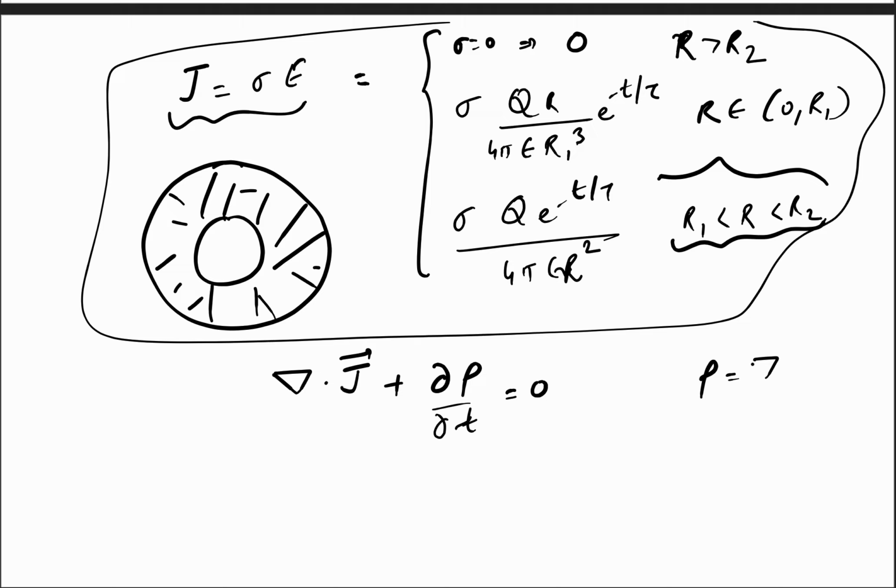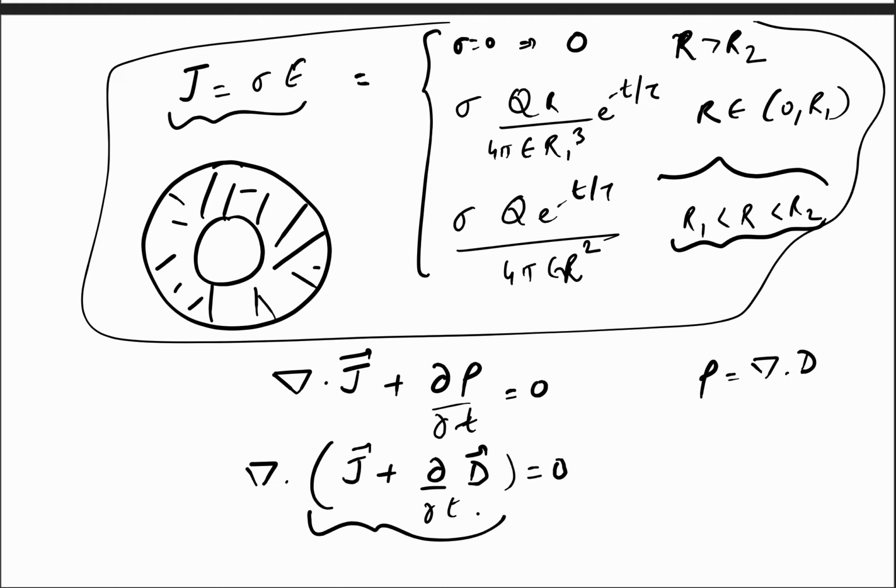Now rho is simply del dot D. So I can write it as del dot J plus del by del t of D is equal to 0. So it implies that even if the currents are not steady, the divergence of total current, which is conduction current plus this quantity called the displacement current density, is going to be 0 at any point of time.